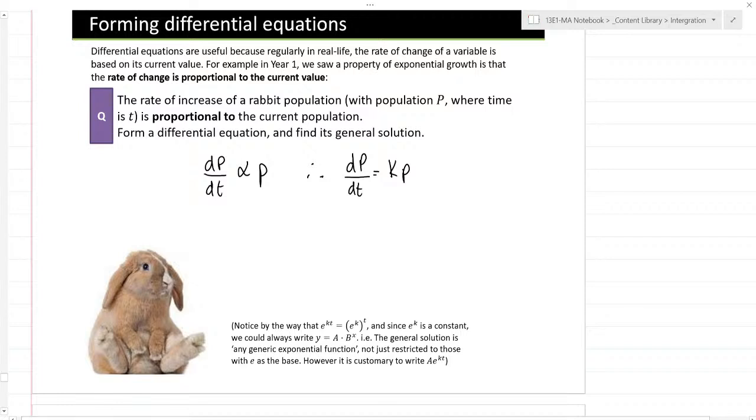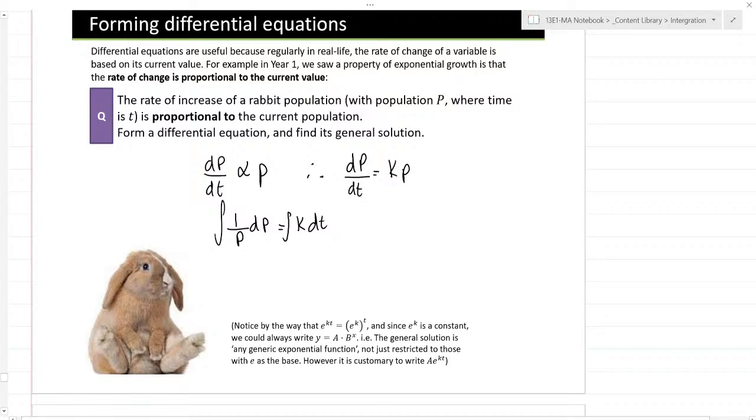So we've already had a look at that, and now what we're doing is we're using that information to form and solve a differential equation. So we do that by, in this case, bringing all the p's to the left-hand side and bringing the dt to the other side. So my first point for this one is that 1 over p with respect to p, the population, is equal to some constant k with respect to time. And I'm going to integrate both of these sides.